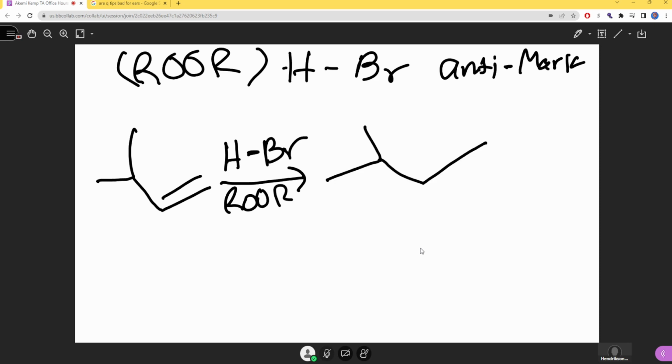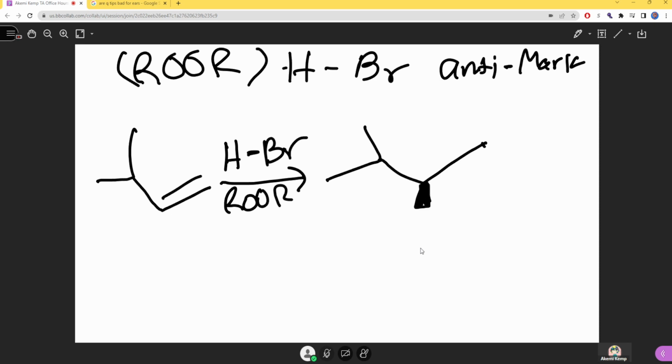So after this reaction takes place, bromine ends up on the least substituted side. So rearrangement. Wait, did I do that? Why did I do that? Shouldn't it be here? Oh no, it'll be here.